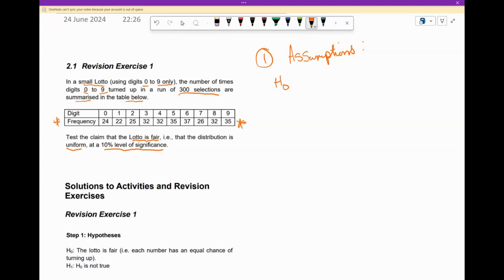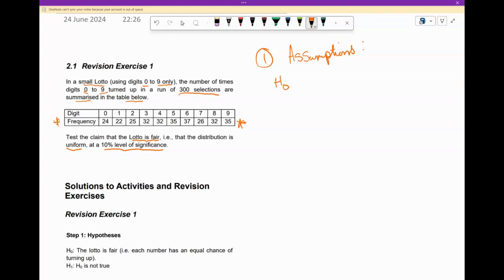And we're saying you can get any one of these with an equal chance. It's a fair lottery. We're not saying that number 7 you're more likely to get than number 3. We're saying all of them have an equal likelihood of being drawn.